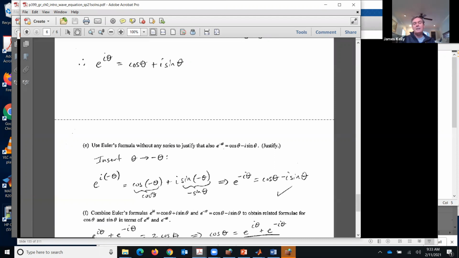And since cosine is an even function, that's equal to cosine of theta. And sine of minus theta, and since sine is an odd function, that's equal to minus the sine of theta. And therefore, e to the minus I theta is cosine theta minus I sine theta. So we might call that Euler's relation too. It's essentially the same thing.